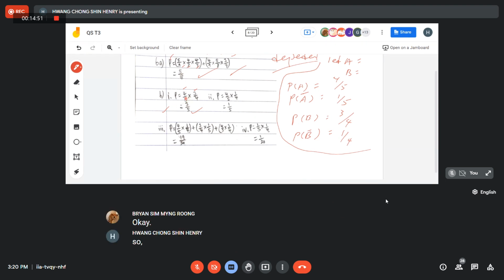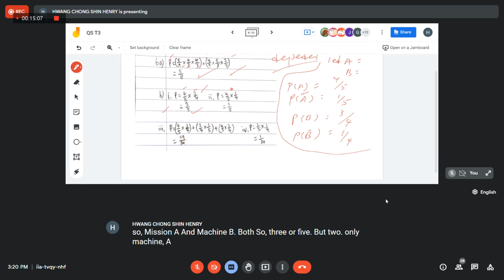So machine A and machine B both last: 3/5. Part 2, only machine A lasts, so 4/5 and machine B doesn't last, so B bar is 1/4.